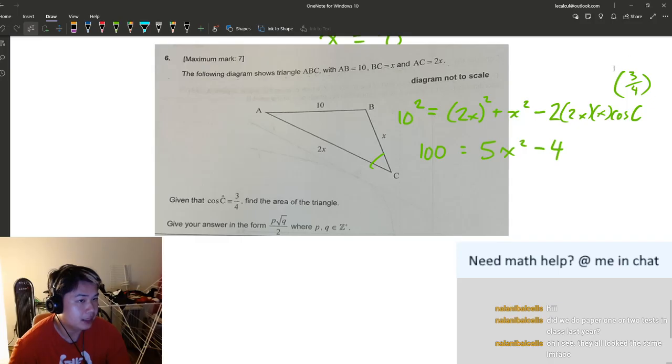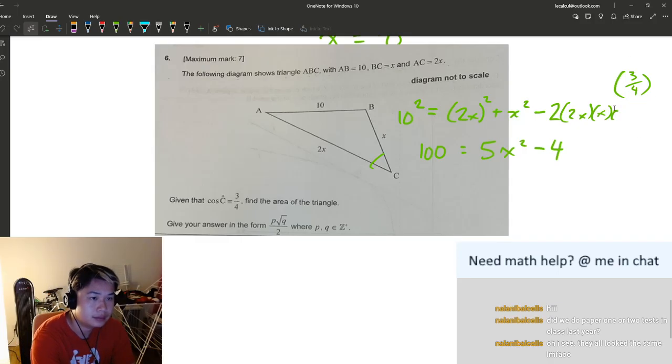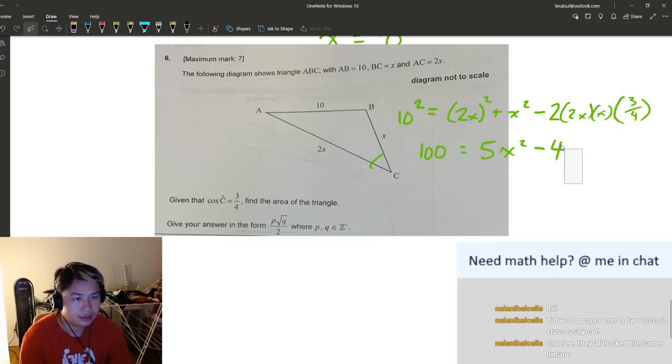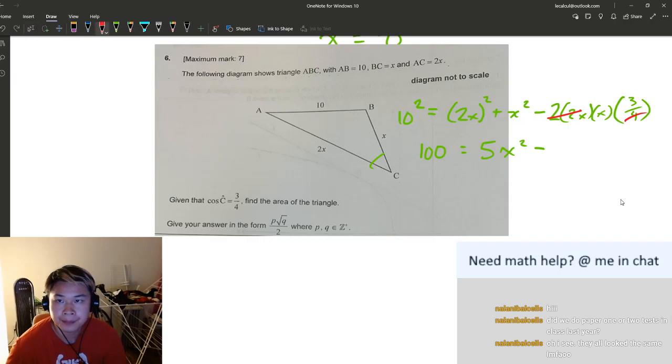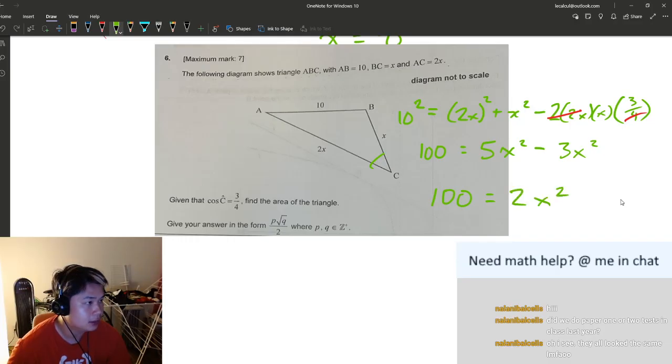Okay, so cosine c is 3 over 4, so I can just replace cosine c with 3 over 4. And then this works out nicely because 2 times 2 is 4, which cancels out with that 4. And then I'll end up with 3x squared. Okay, so 100 is equal to 2x squared, which means that x squared is 50.